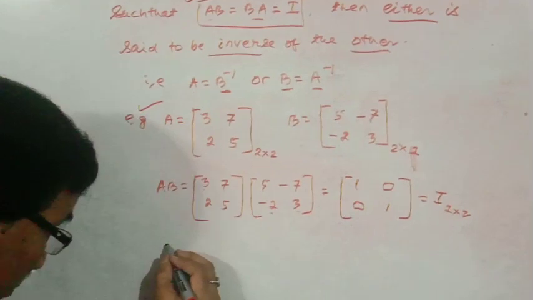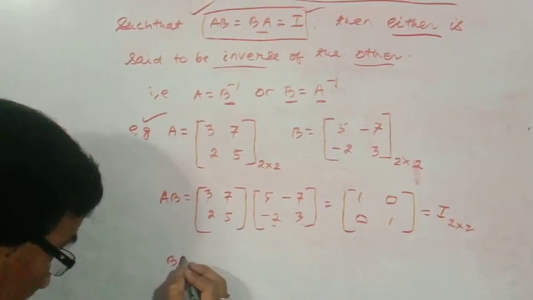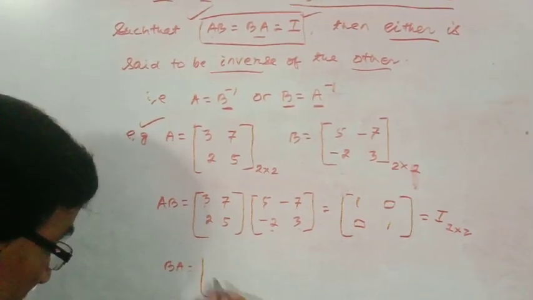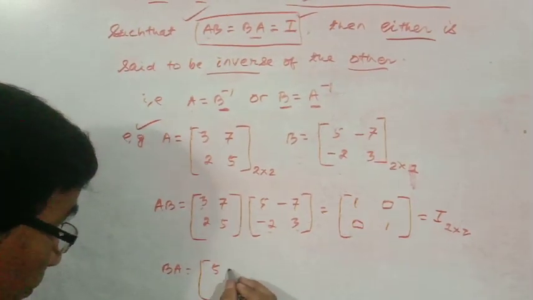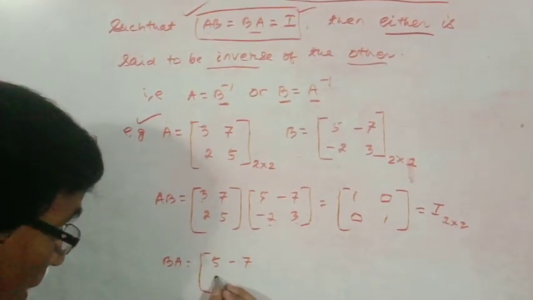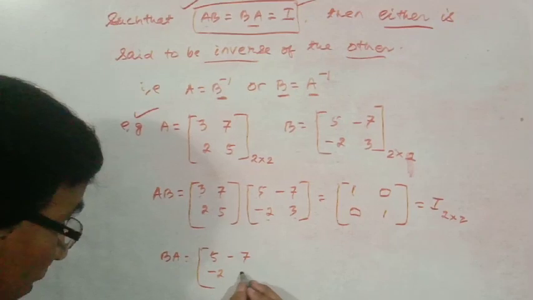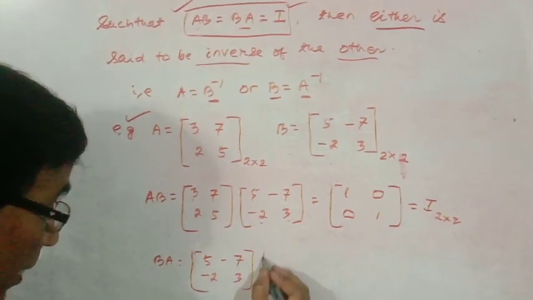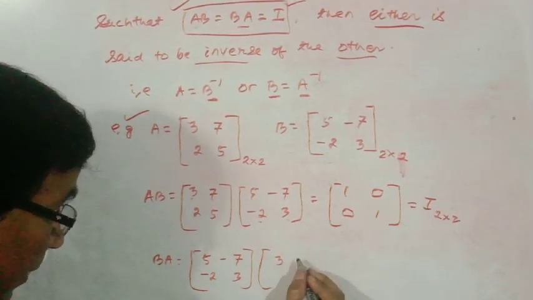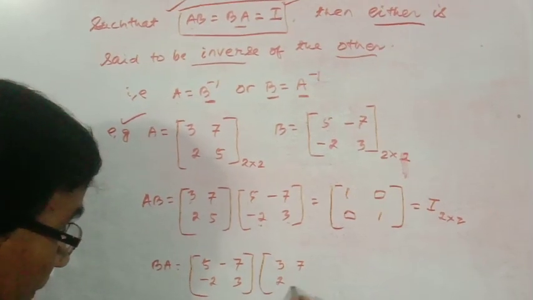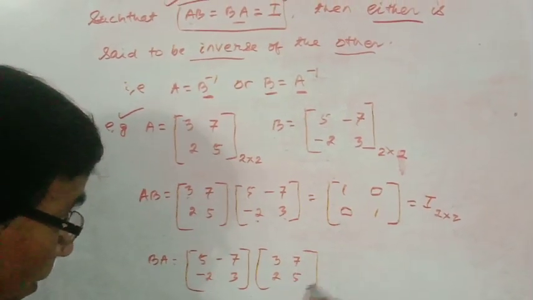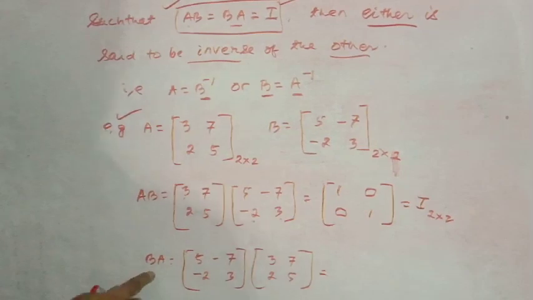Again we will multiply the BA matrix, that is equal to 5, minus 7, minus 2, 3 into the A matrix, 3, 7, 2, 5. So we will find out the product BA.